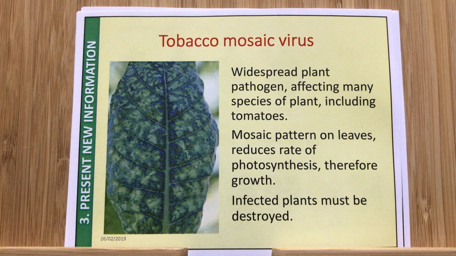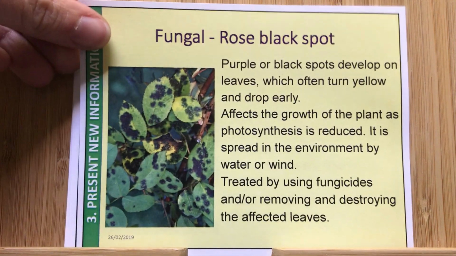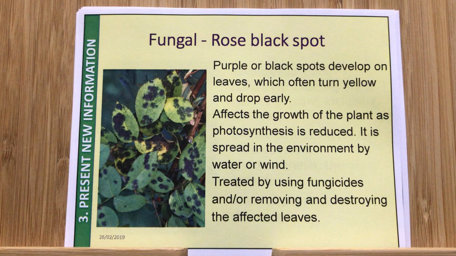Let's move on to our fungal disease, rose black spot. Okay, quite similar to tobacco mosaic virus in that it reduces the rate of photosynthesis, so therefore reduces the growth of the plant. We can see here the black or purple spots on the leaves. The leaves then often turn yellow, as you can also see in this picture, and they drop early, so the leaves fall off.